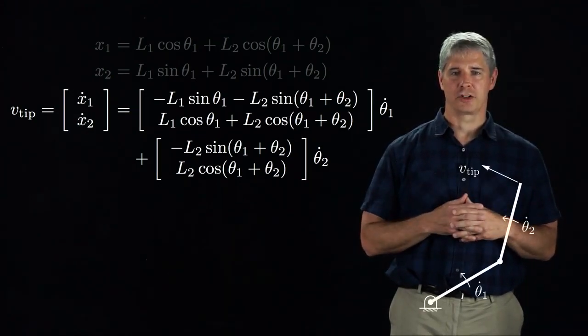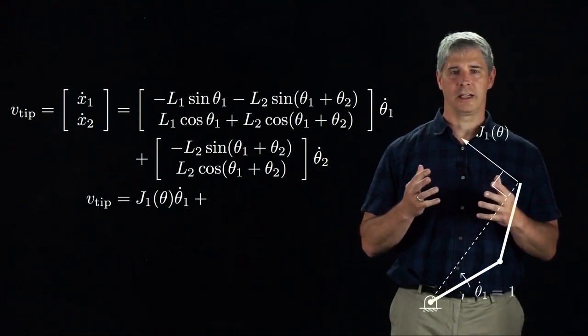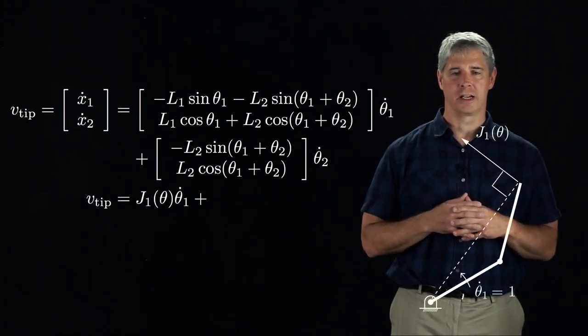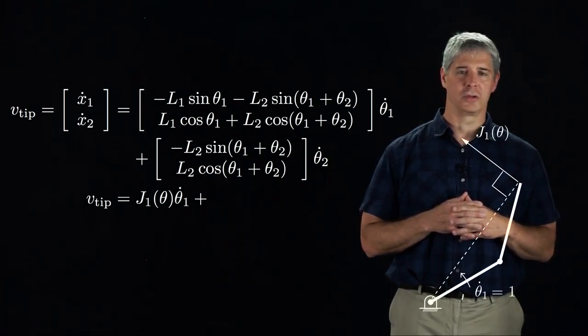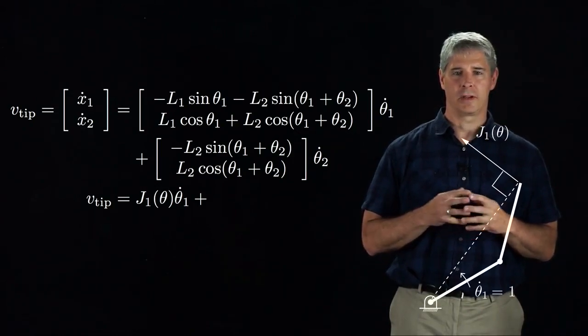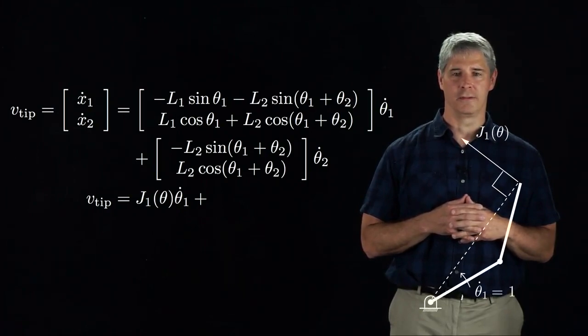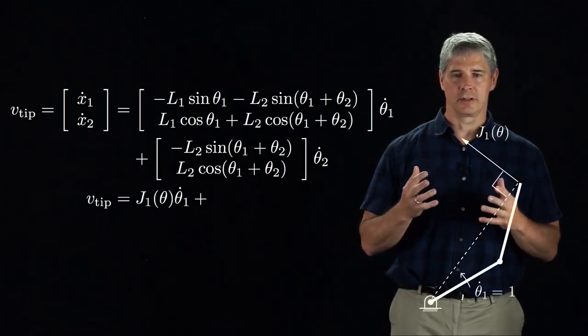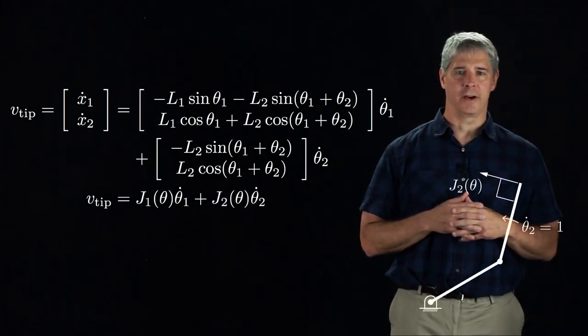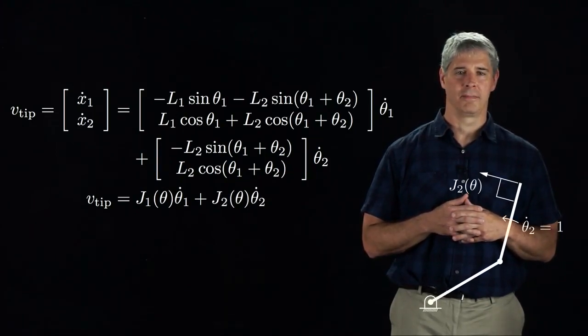Let's call the first vector J1. Clearly, it's a function of the joint variables theta. J1 is just the end-effector velocity when joint 1 rotates at unit speed while joint 2 is kept constant. We can visualize it as a vector orthogonal to the line connecting joint 1 to the end-effector. Similarly, J2 is the velocity of the end-effector when joint 2 rotates at unit speed while joint 1 is kept constant.